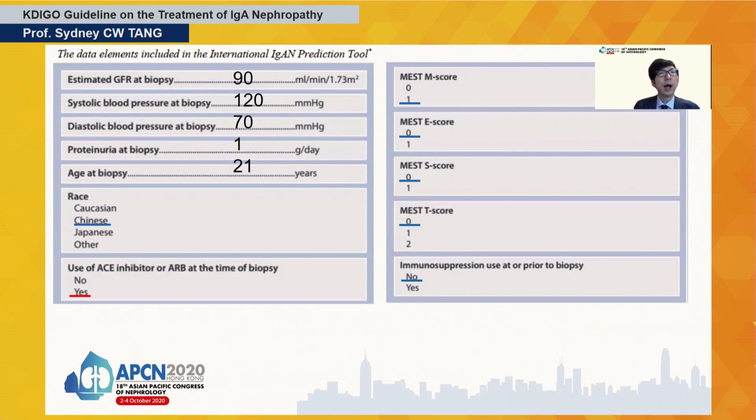Now, if you then change the parameters, so if the same patient comes to see you, the patient is already taking a RAS blocker, and otherwise had the same histologic findings and the same clinical demographic data, what will be the risk? Do you think the risk will be increased or decreased from 11 point something percent?